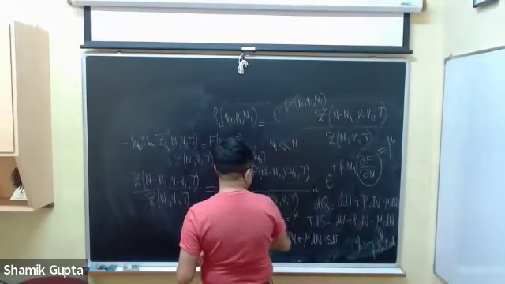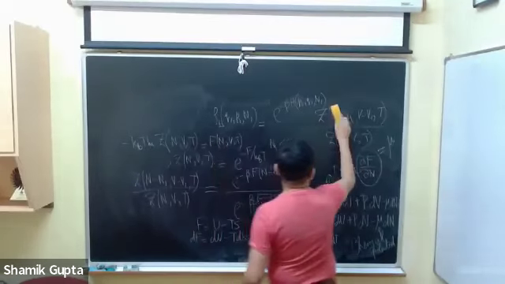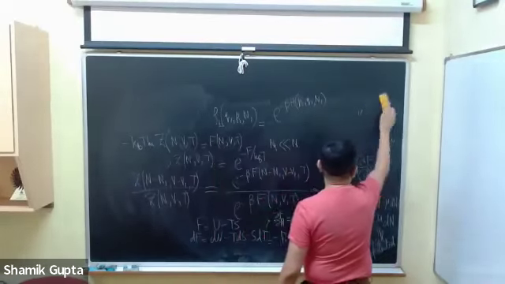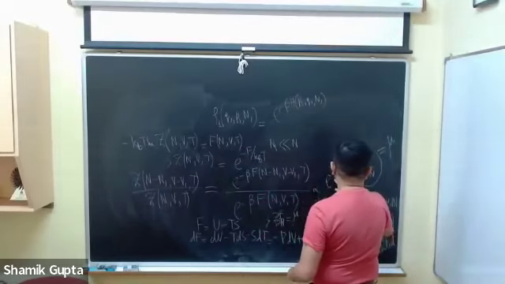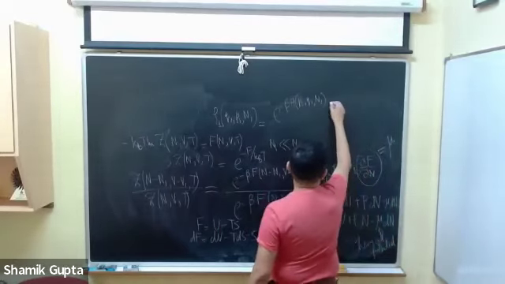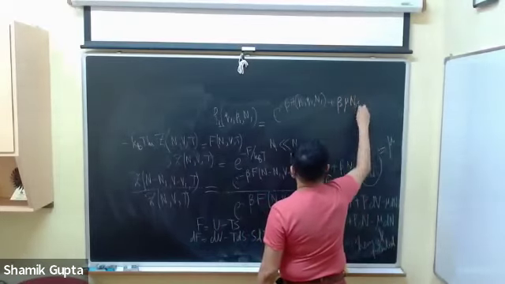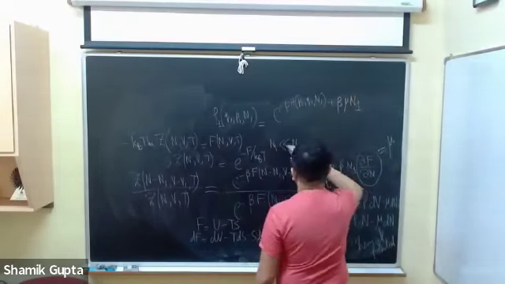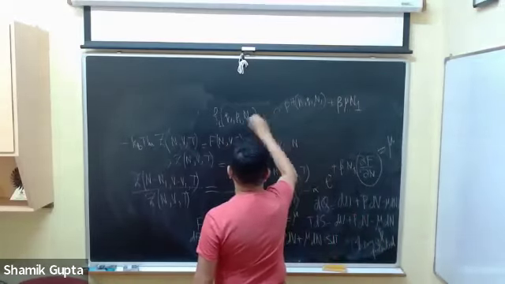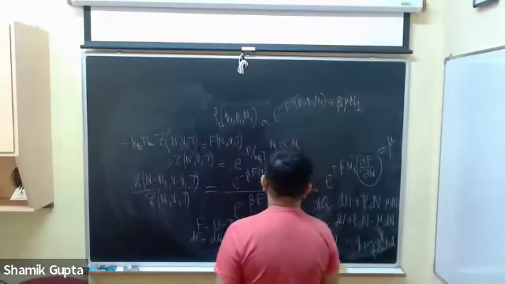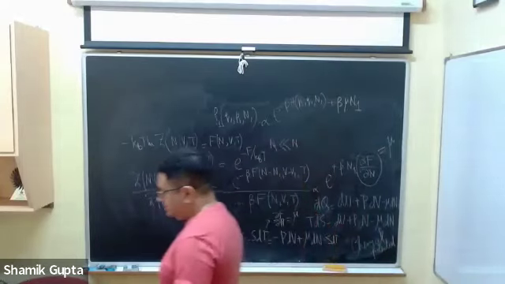If I now plug it in here, this factor is nothing but e to the beta mu N1. Sorry, this was a proportional. Okay.